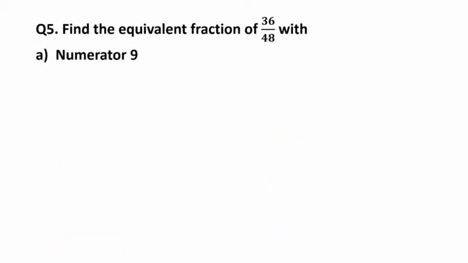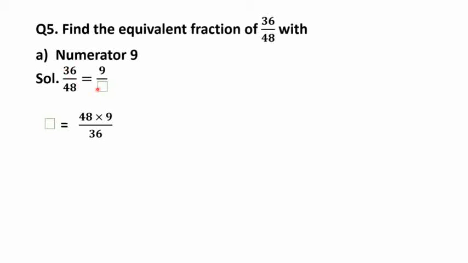Next question, question number 5. Find the equivalent fraction of 36 by 48 with numerator 9. Again the numerator is 9 and the denominator we need to find out. So 36 by 48 is given. So again what we can do, we can cross multiply. This box we have taken to the numerator.